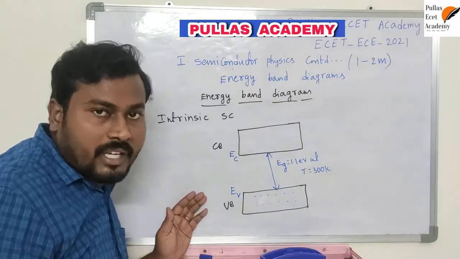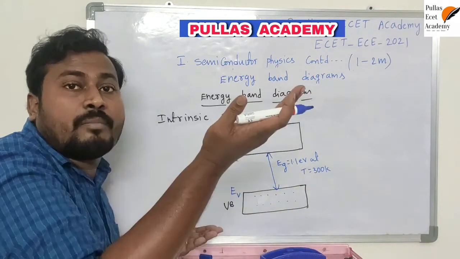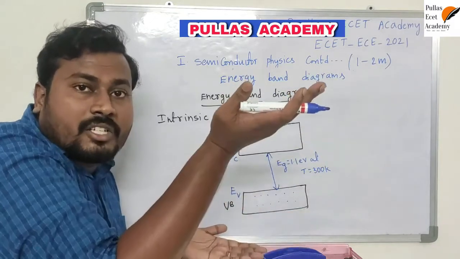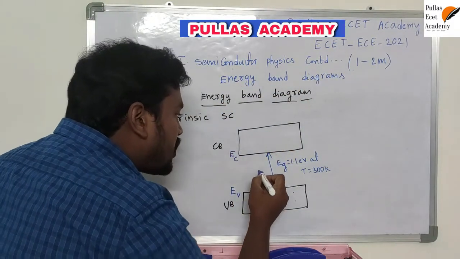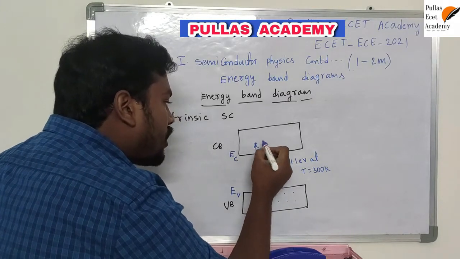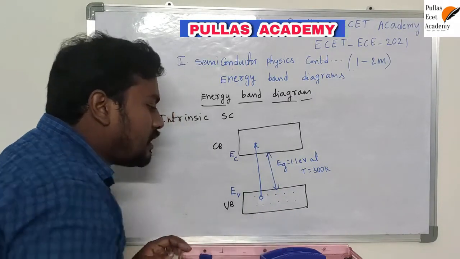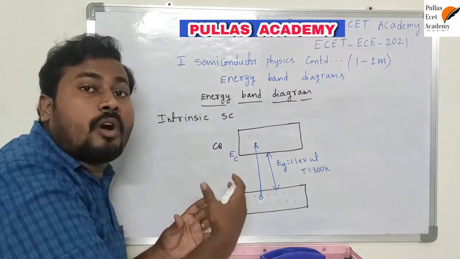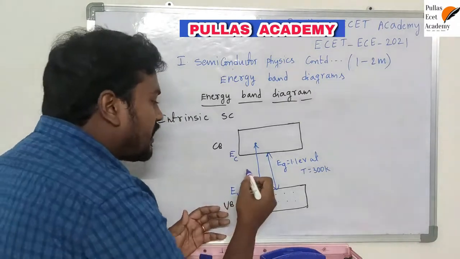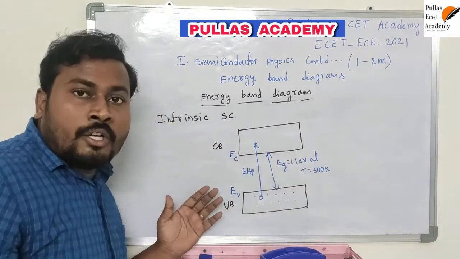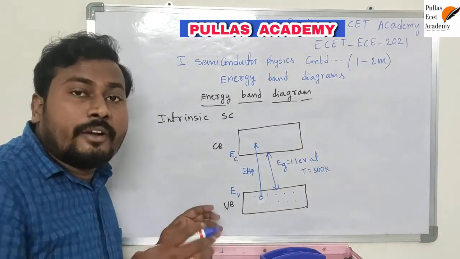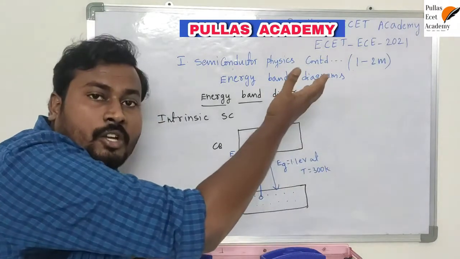Now when you are increasing the temperature, electrons are moving from valency band to the conduction band. This is what I have told as EHP generation. So an electron hole pair is generated when you are increasing the temperature.